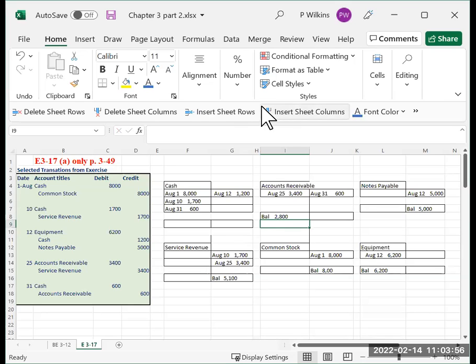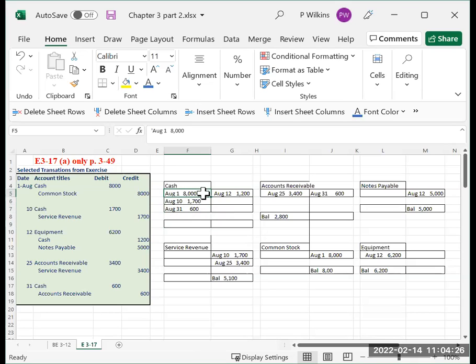Going to come over here to the cash side. On the cash account, we've got $8,000 plus $1,700 plus $600. So on the debit side, we have $10,300. And then on the credit side, we have $1,200. So the debit side is the larger side. And so the balance is going to be on the debit side. Cash is an asset. It does have a debit balance. So that is the correct side.